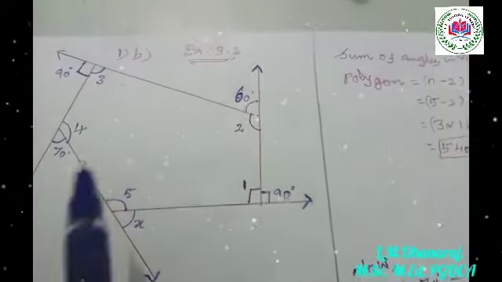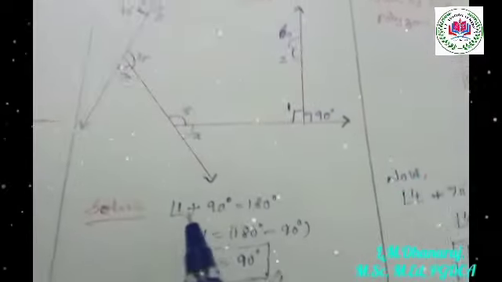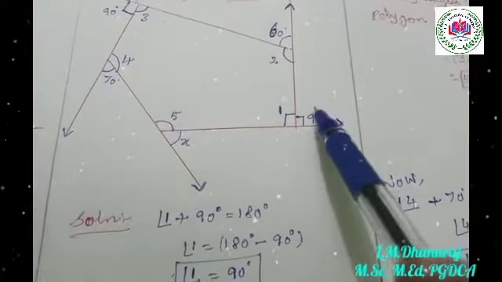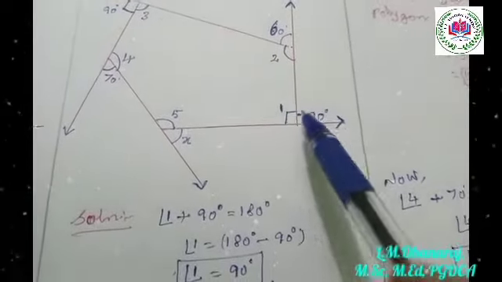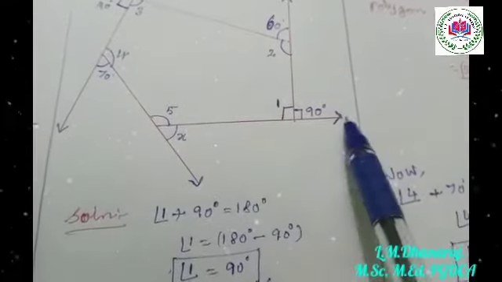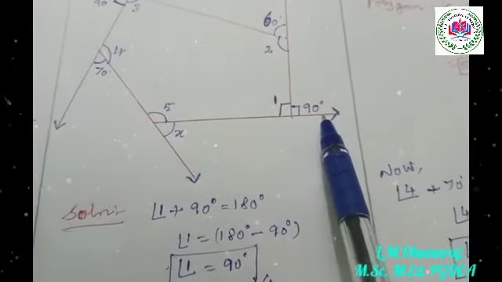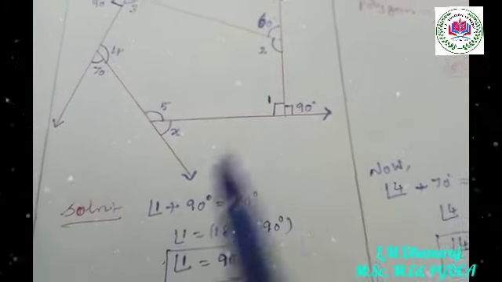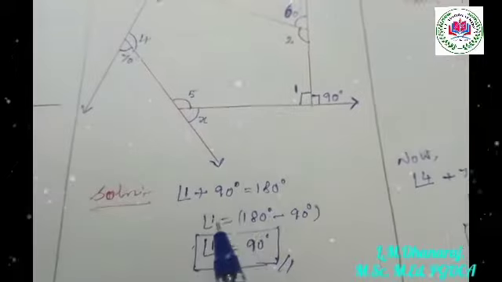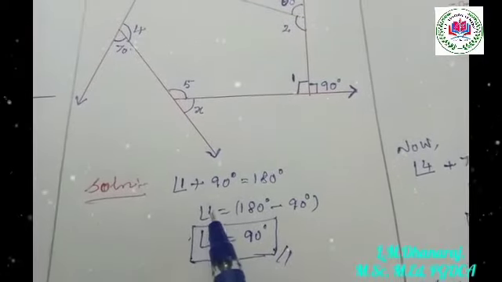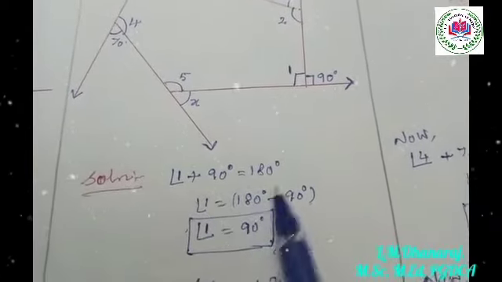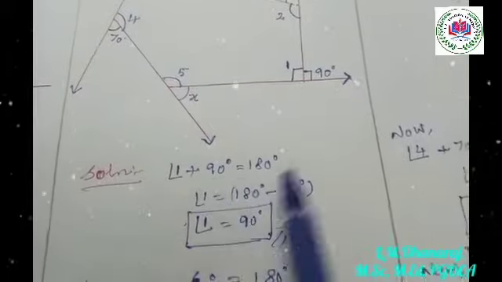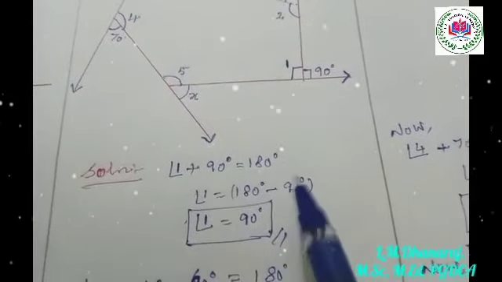Okay. Now let us consider the first one. So angle 1 plus 90 degrees, because it is a straight line. So a straight line is 180 degrees. So angle 1 plus 90 degrees is equal to 180 degrees, which gives angle 1 is equal to 180 degrees minus 90 degrees. When the side changes, plus 90 becomes minus 90.